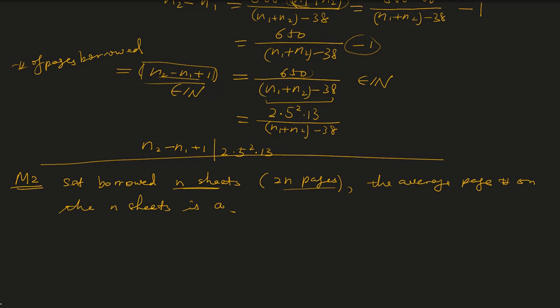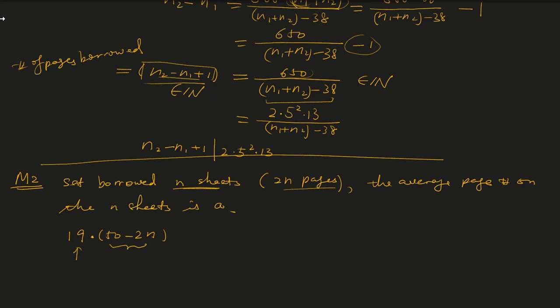And again, we are not going to write the exact average formula. We'll turn that into the sums. So that is 19 times 50 minus 2n. This is the number of remaining pages, right? And 19 is the average page number of that.